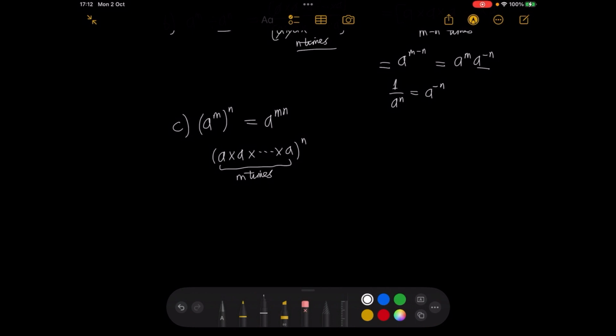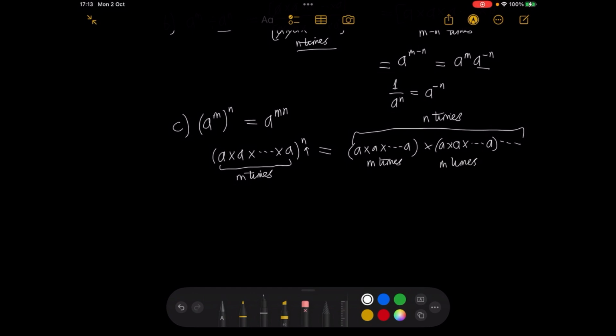Then if we apply the definition again, but this time to the m index, we have a times a times a, and so on, and we're doing this m times, and then we're doing that n times.